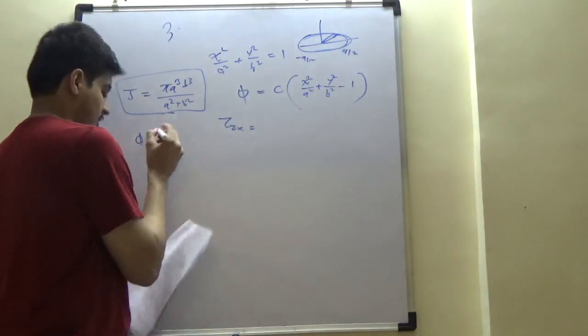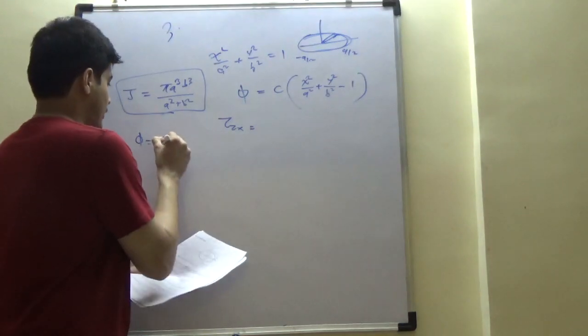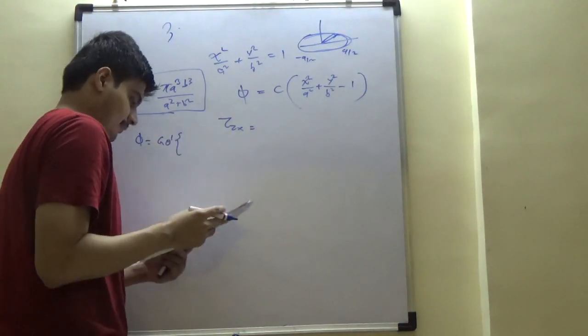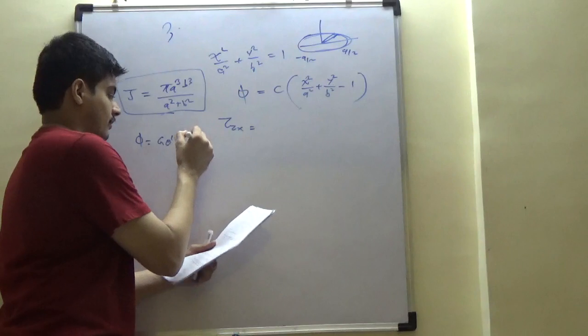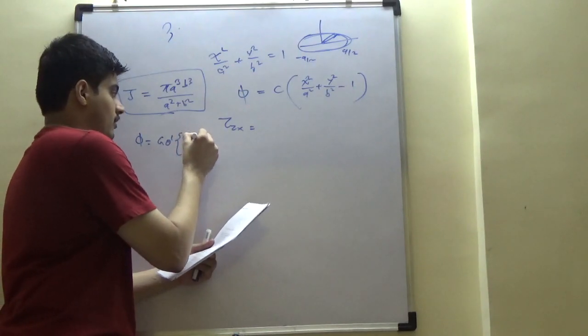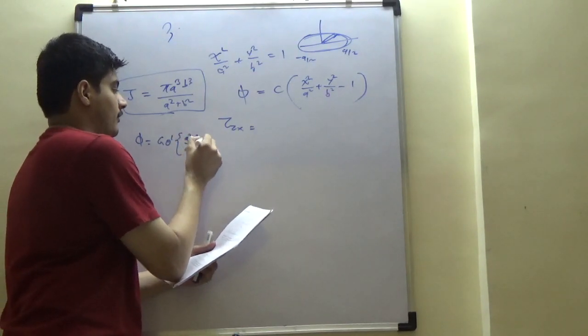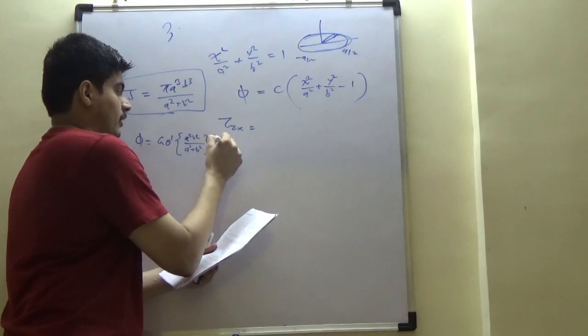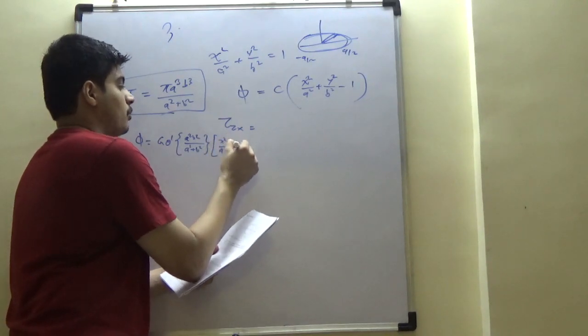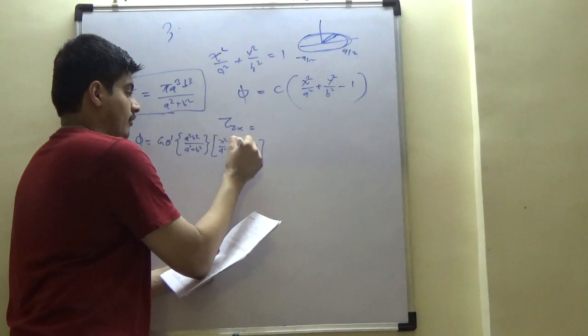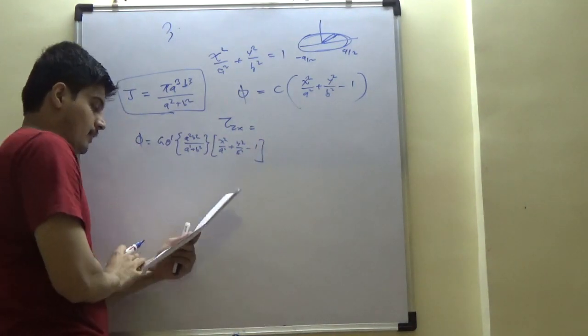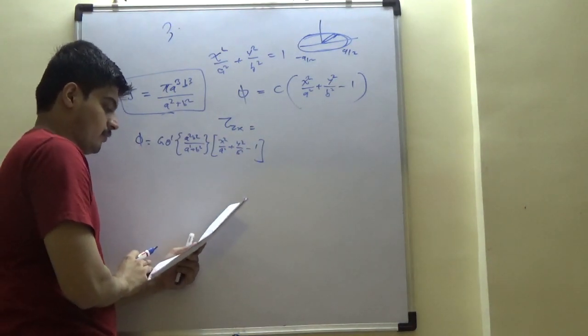So phi is nothing but g theta dash a square b square upon a square plus b square, x square upon a square plus y square upon b square minus 1, right? This is the constant, correct?